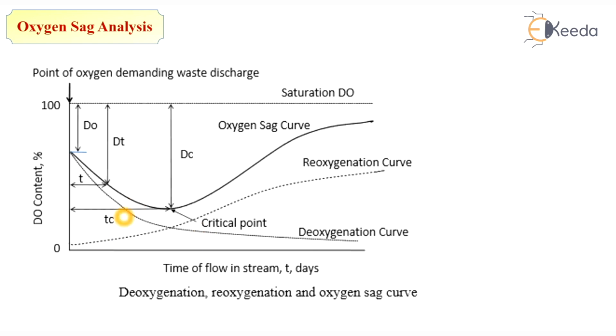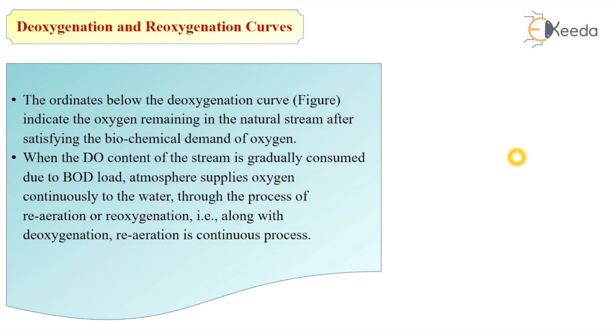And you can see the graph of the reoxygenation curve. In this curve, the dissolved oxygen content goes on increasing. So we will see what the reoxygenation curve is. The ordinates below the deoxygenation curve, as we see in the figure, indicate the oxygen remaining in the natural stream after satisfying the biochemical oxygen demand.